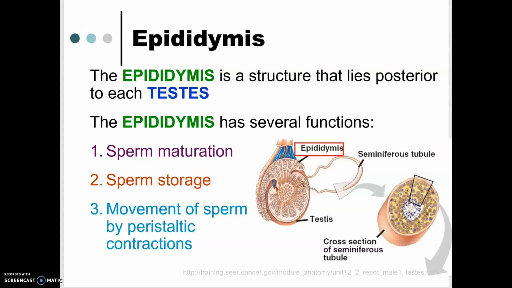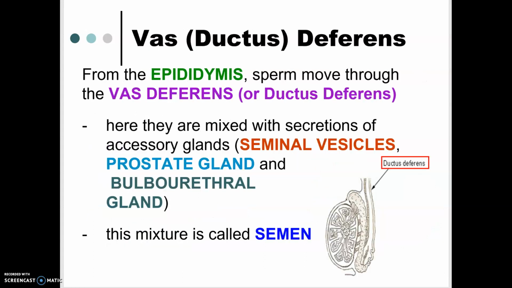Now, sperm are moved along the series of ducts by peristaltic contractions, and the epididymis is the first real structure where we'll see those peristaltic contractions occur. Once the sperm leave the epididymis, they move into a long duct called the vas deferens, or sometimes the ductus deferens. Those two words mean the same thing.